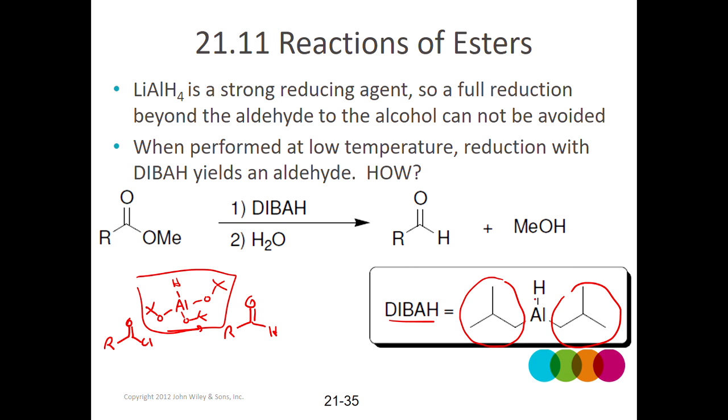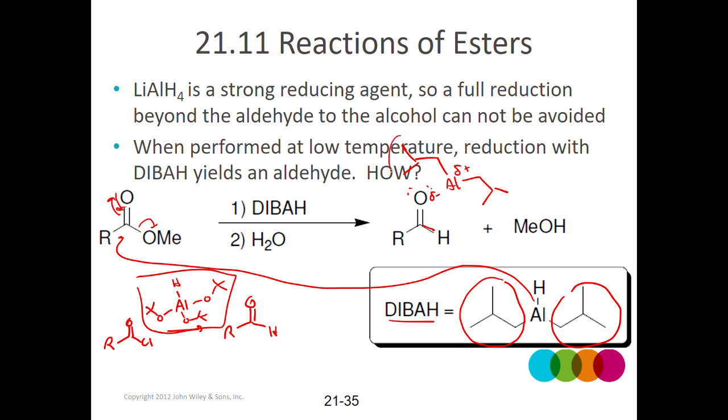So when this one delivers a hydride here, pushing the electrons up, they'll swing back down and push out the OMe. That single hydride will be here now. And now that the aluminum only has these two bulky isobutyl groups and a fair amount of positive charge, it will attract nicely to the oxygen, and it will stick around.